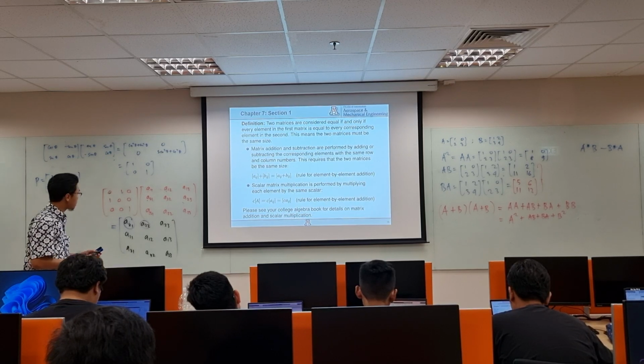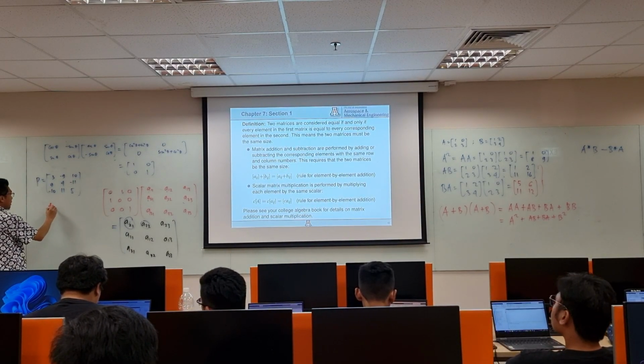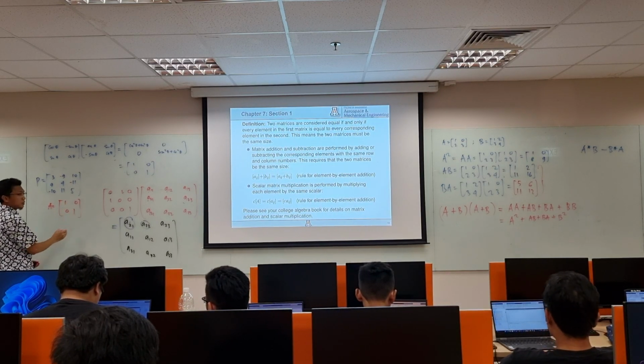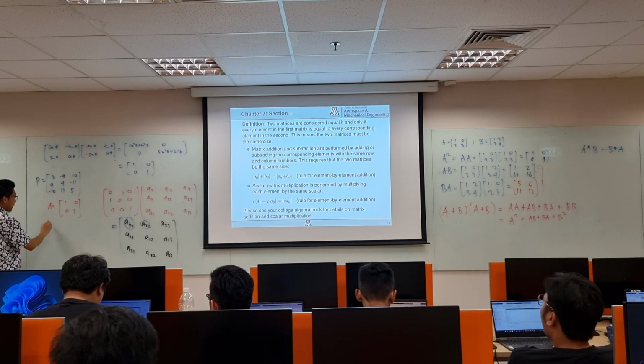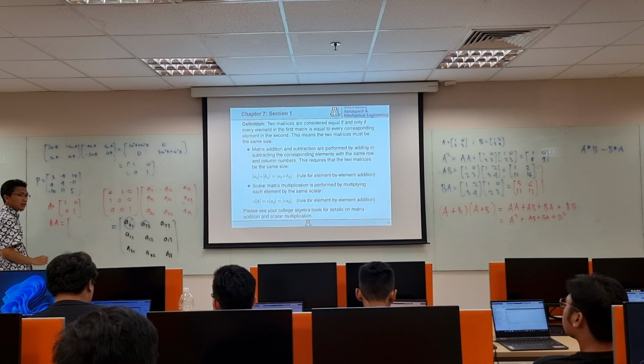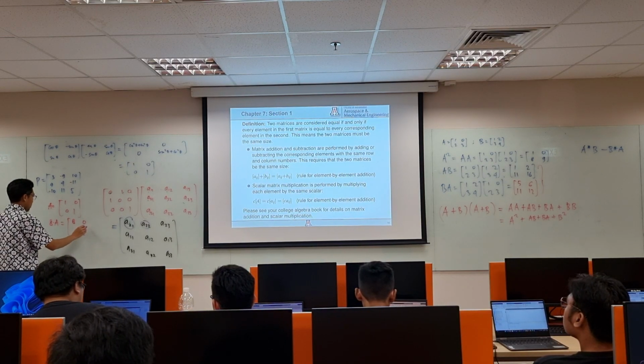For example, if I have a matrix A to be 1 0 0 1, if I multiply 8 times A, what do I get? It will be 8 0 0 8.